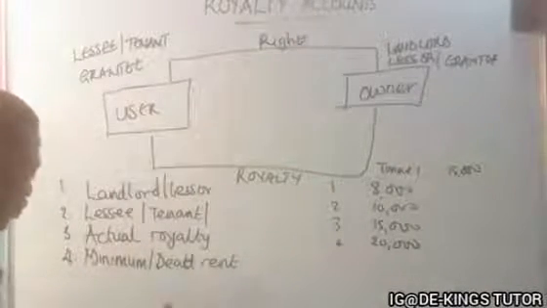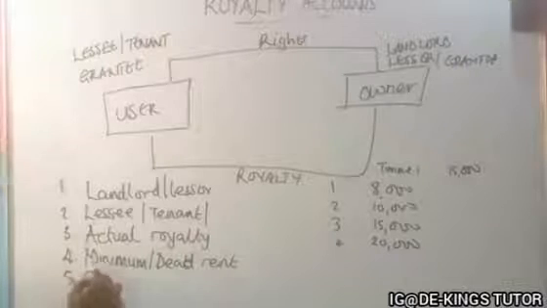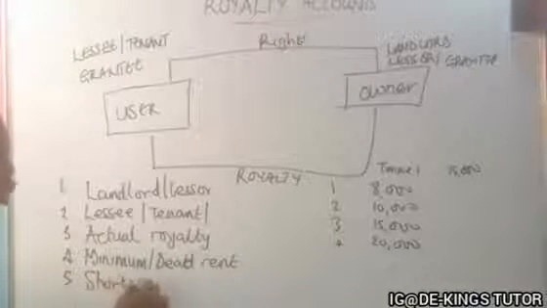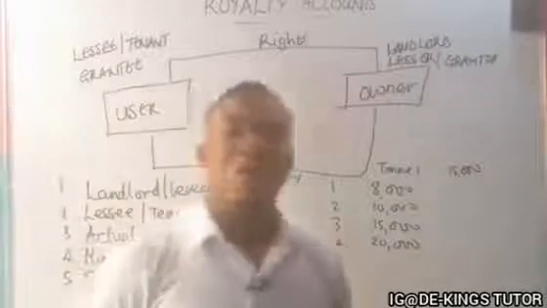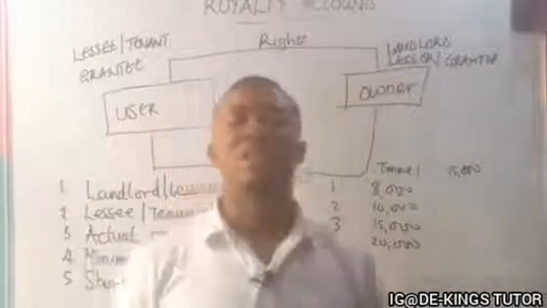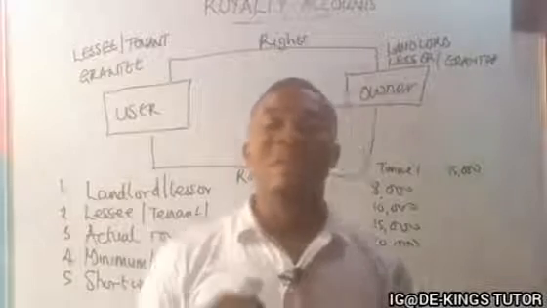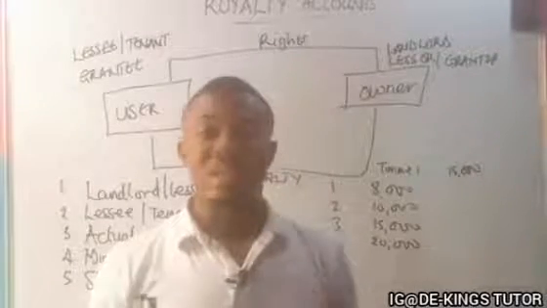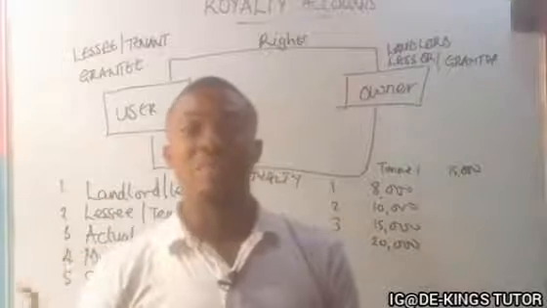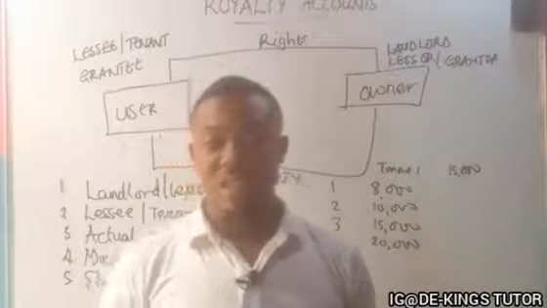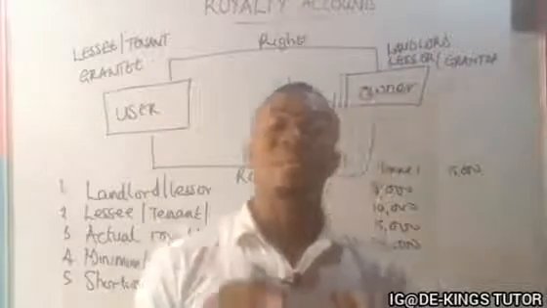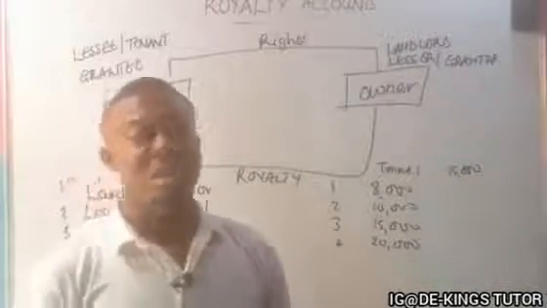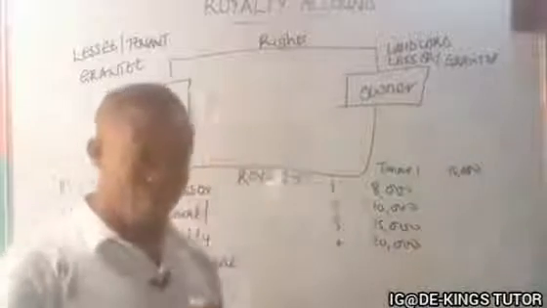Now there's what we call short workings. What are short workings? Short workings is the excess of the minimum rent over the actual royalty.